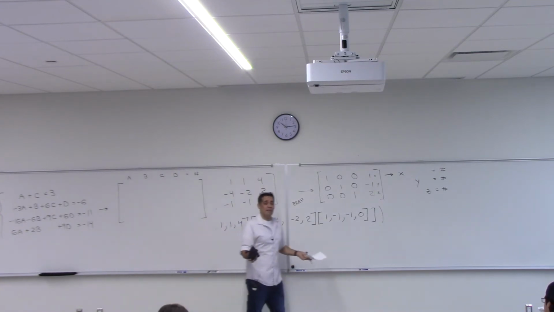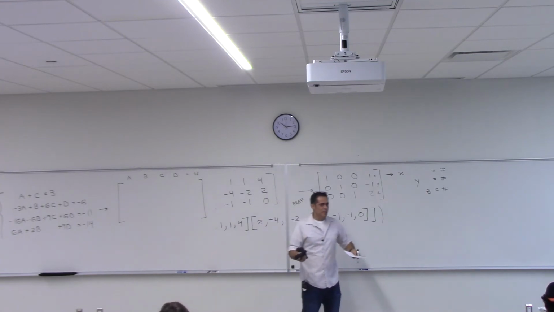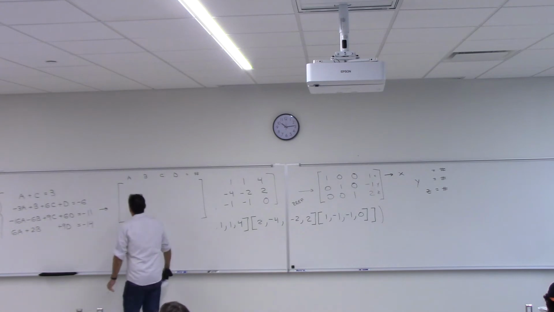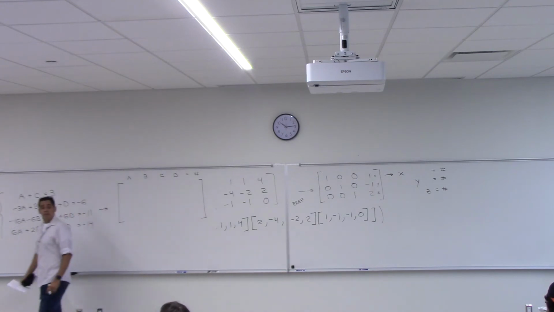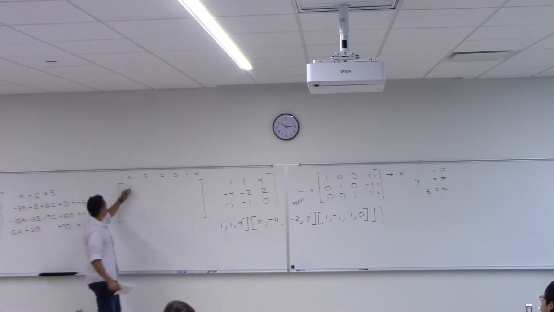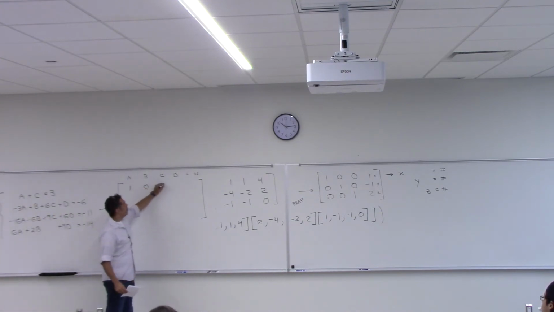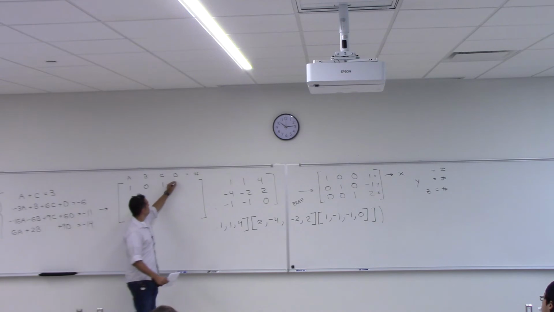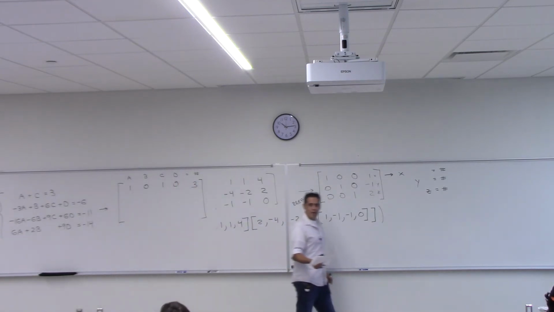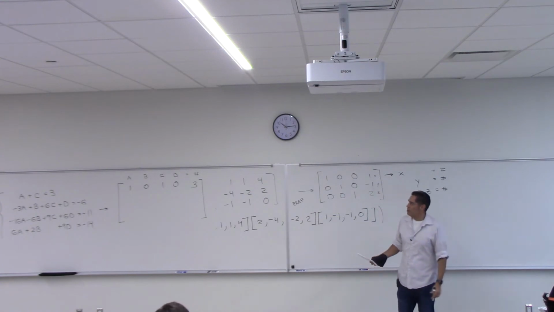Here we're using A, B, C, and D instead of x, y, z, right? They're still just things we don't know. So what's my first row of numbers? 1, 0, 1, 0, 3. Okay? You've got to have the zeros there, right? Because you've got no B's and no D's.